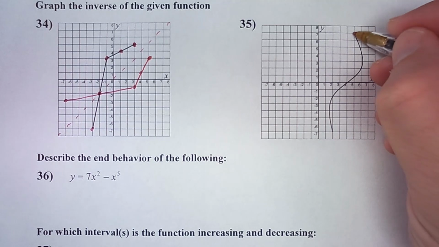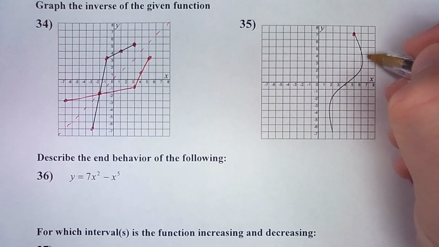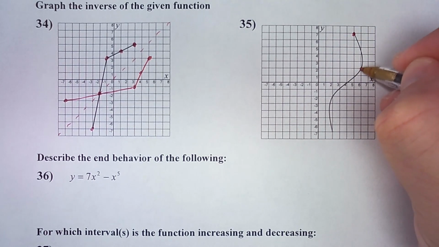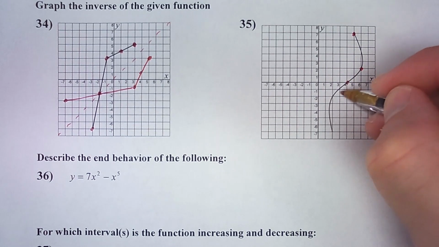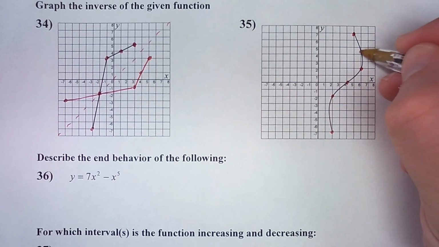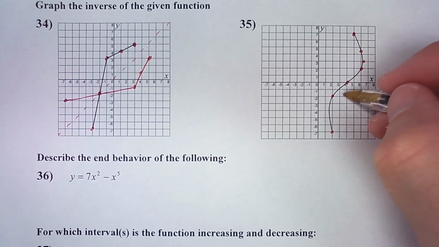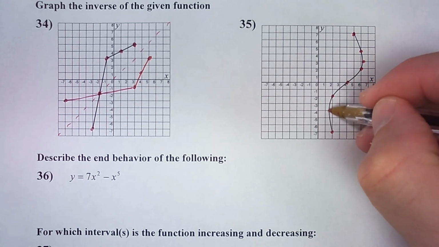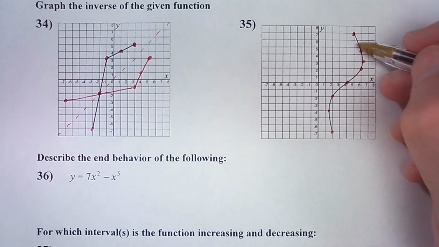Now we'll do one with a curve. So all my integer points, and I'm going to have to find some more that I can just estimate. I'll estimate right here and here, and then I'll estimate here.